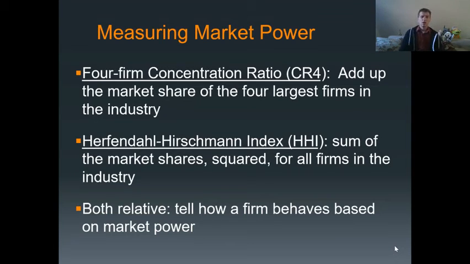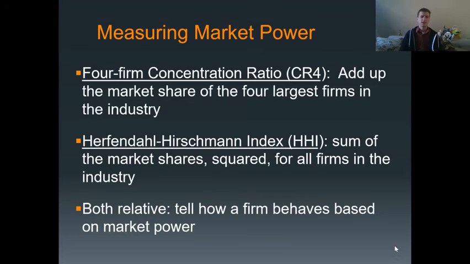There's also the Herfindahl-Hirschman index, or the HHI. Essentially, you add up all the market shares, squared, for all the firms in the industry, and this gives you an index, which is just an aggregate look at what's going on in the economy. Now, the higher the number, obviously, the more concentrated the market is.